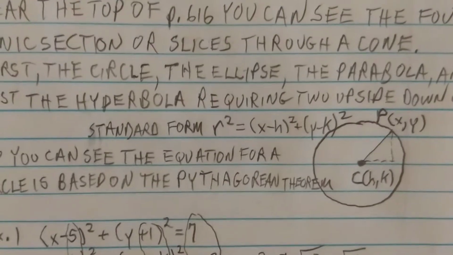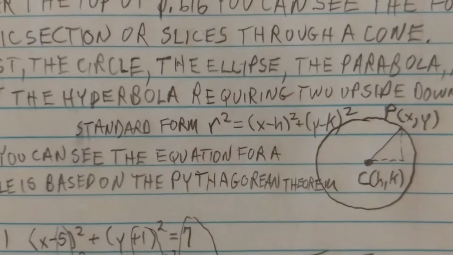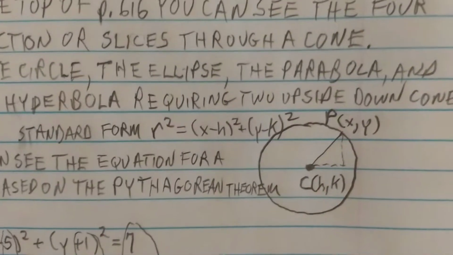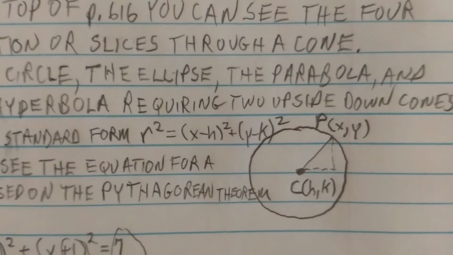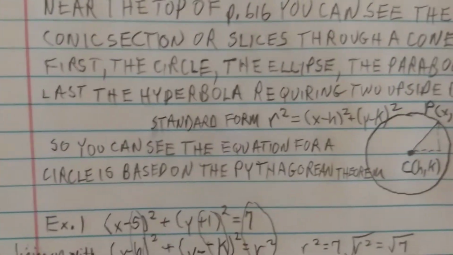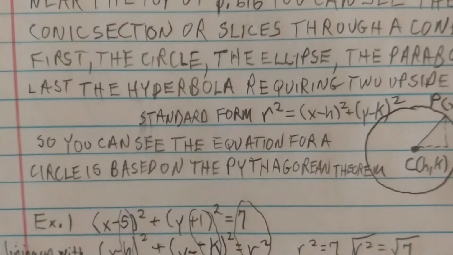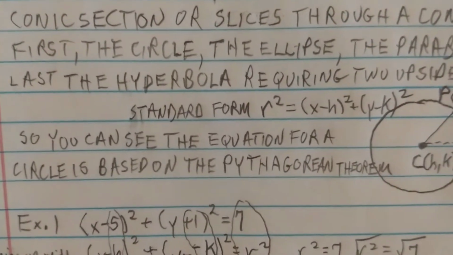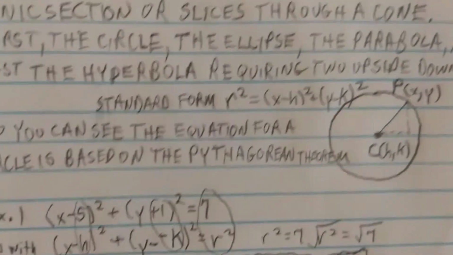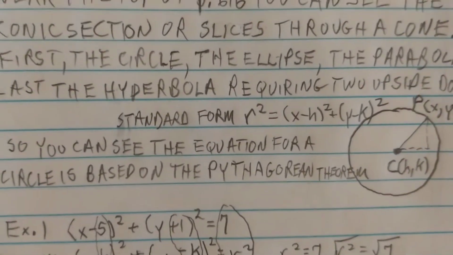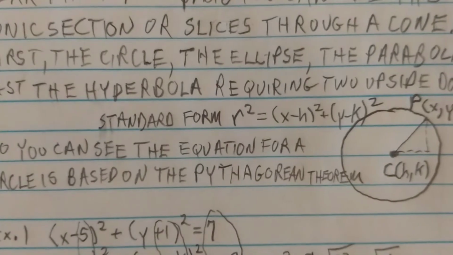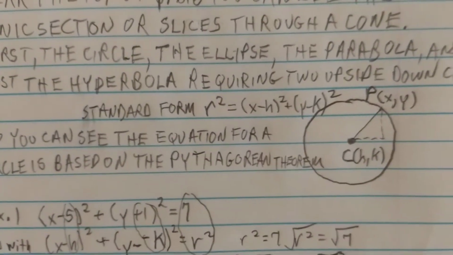The ellipse, which is at an angle, which gives us an elongated circle; the parabola, which is up near the top; and the hyperbola, which needs the two cones, one on its base and one upside down, touching at the points. So that's the four sections we're going to cover first: the circle, the parabola, the ellipse, and the hyperbola, and then have two more.